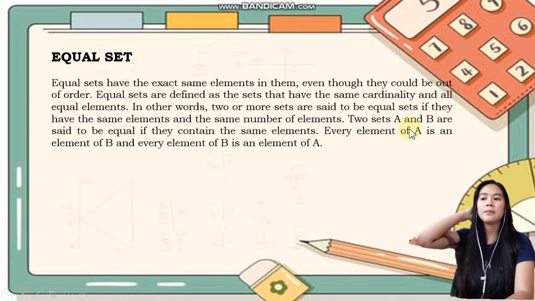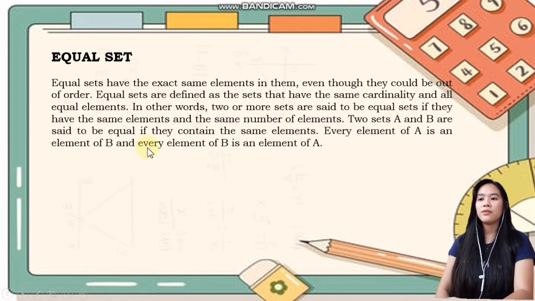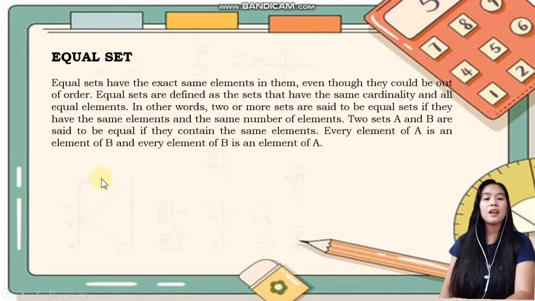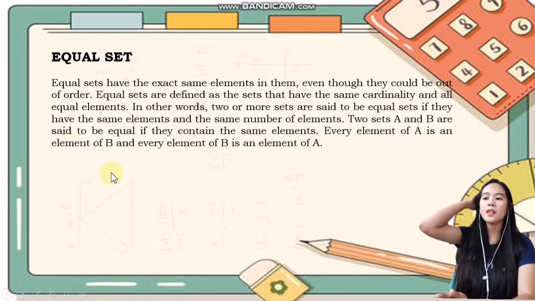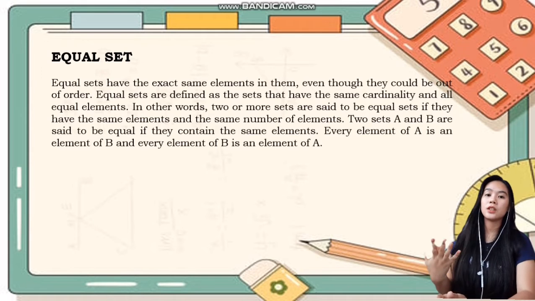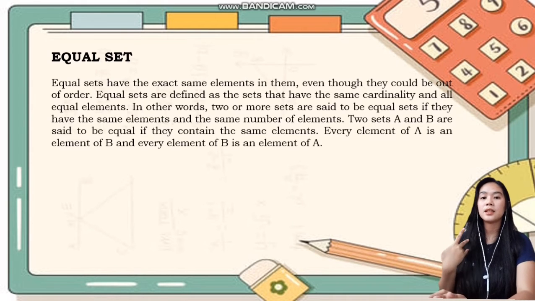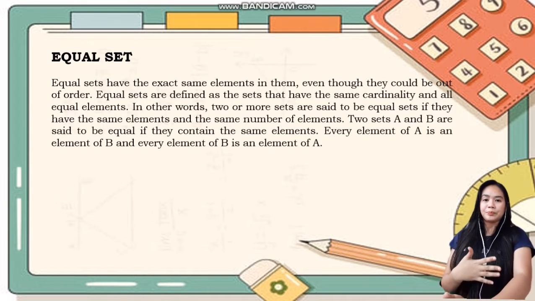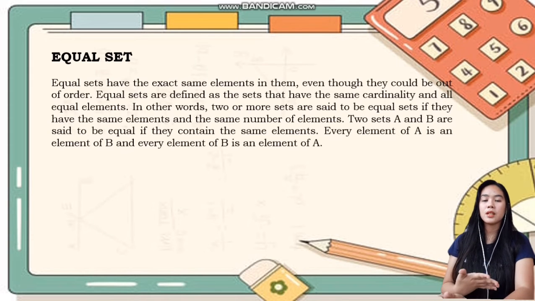Two sets A and B are said to be equal if they contain the same elements. Every element of A is an element of B and every element of B is an element of A. So, ibig sabihin, kapag meron tayong dalawa or higit pang set na magkatulad ang elements at same din ang number of elements nila, masasabi natin itong equal set.